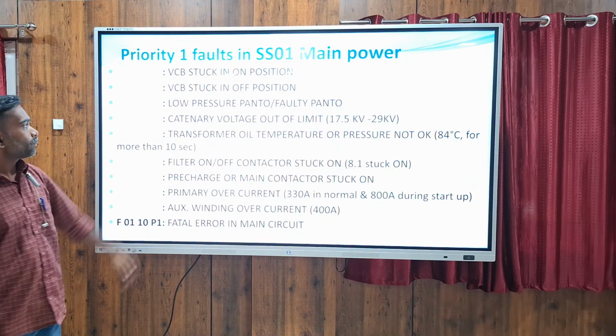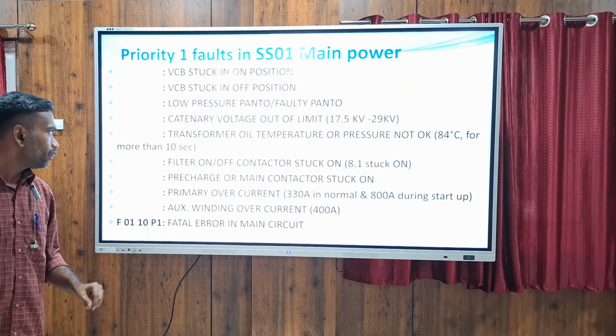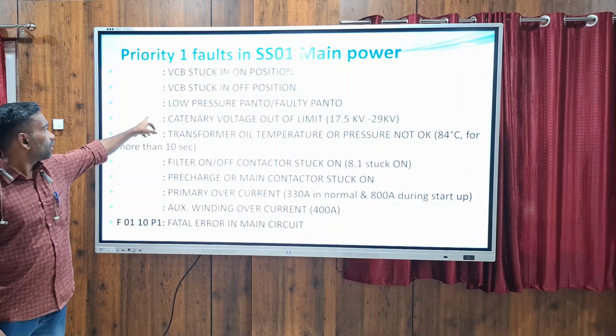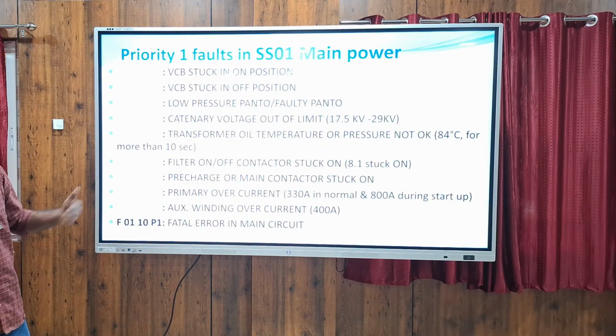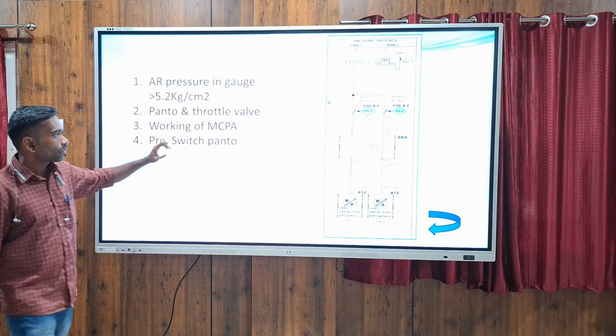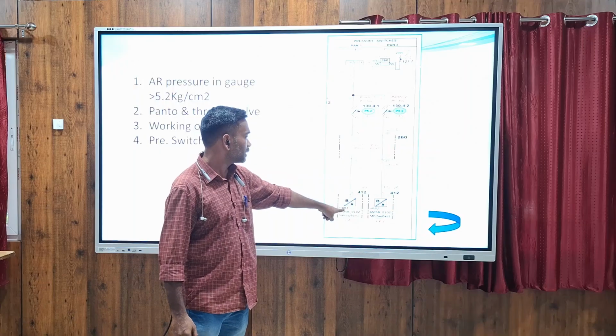Next is low pressure pantograph or faulty pantograph. Here, after switching on, the pantograph is not getting raised. In that case, there is a pressure governor, and through this pressure governor, the sensing is happening.